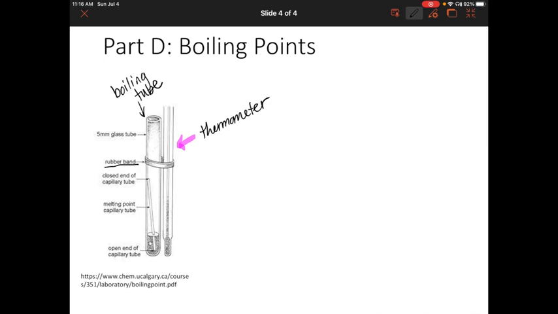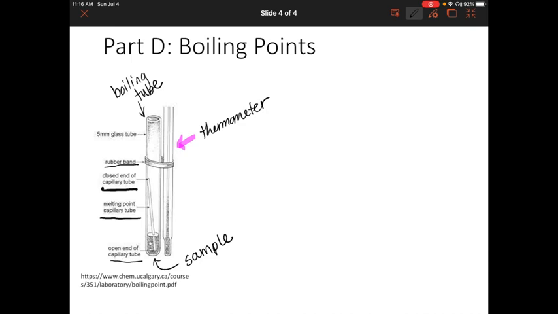Additionally, we're going to add our sample to the boiling tube because we're eventually going to boil it. And then we're also going to add a melting point capillary tube into the boiling tube. And we're going to make sure that the closed end of the melting point tube is facing up and the open end is facing down.